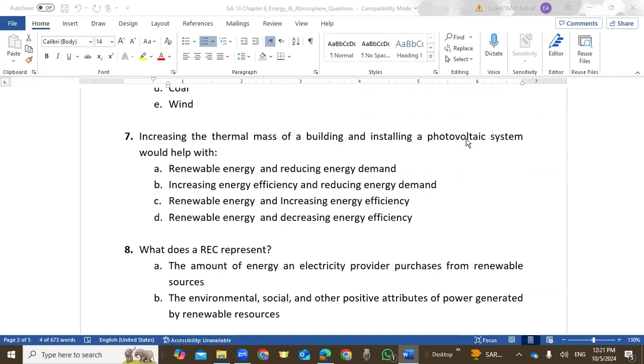Photovoltaic renewable energy, we know, this is no issue for that. Even he put it everywhere. The issue he is asking you in this question is: what is efficiency? He wants to know whether you know the difference between efficiency and demand reduction. If it is a machine, this is energy efficiency, input and output. So increasing energy efficiency is not by adding thermal mass.